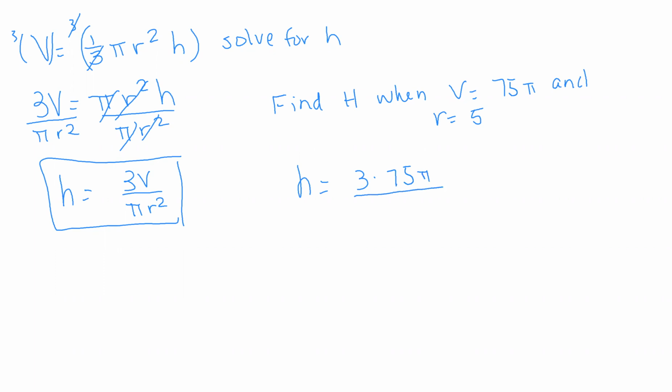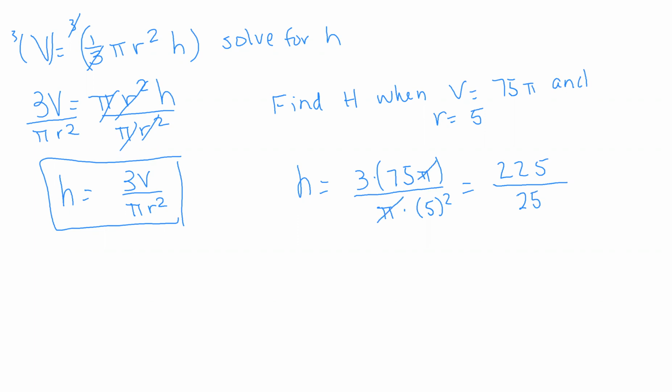Okay, so we want to find h when the volume is 75 pi. All right, so we get 3 times the volume, so 3 times 75 pi, divided by pi times r squared. R is 5 in this case. So we'll clean this up a little bit. Let's see, 3 times 75, we end up getting 225. In the denominator, we just get 25. Notice the pi's cancel.